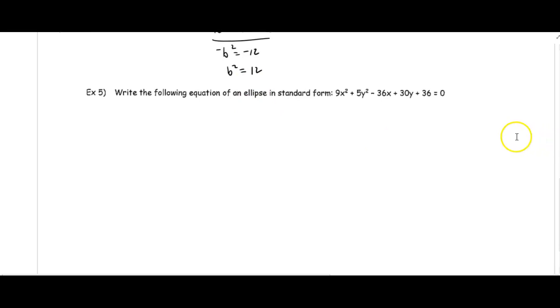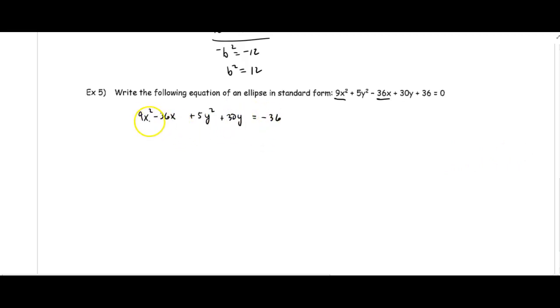Now, the last example here says write the equation in standard form. This is very similar to what we've done before. What I'm going to do is group the x terms. So I'm going to get 9x squared minus 36x, then plus 5y squared plus 30y equals negative 36.